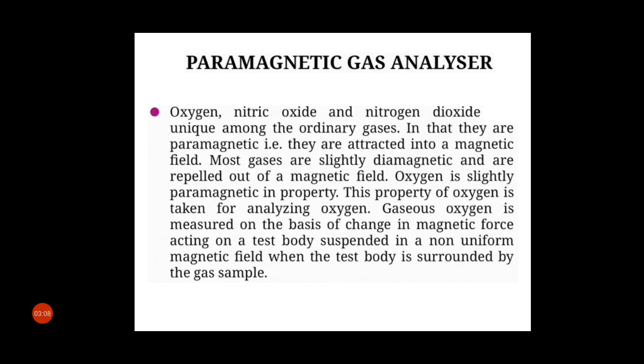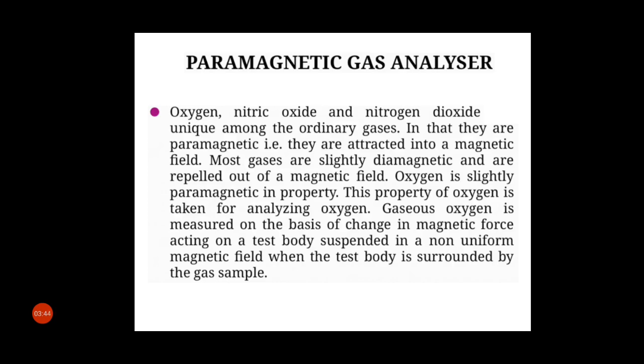Oxygen is slightly paramagnetic and is attracted into a magnetic field. This property is used for analyzing the percentage of oxygen present in the sample. Gaseous oxygen is measured on the basis of change in magnetic force acting on a test body suspended in a non-uniform magnetic field when the test body is surrounded by the gas sample.